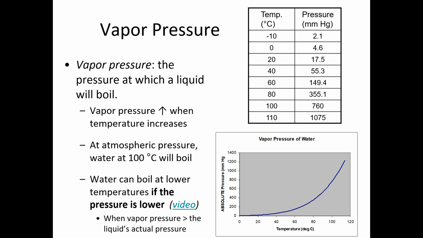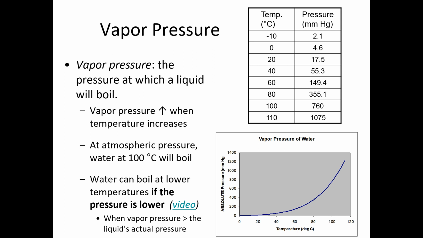Now the interesting thing is that we can get water to boil at lower temperatures if we take away some of the pressure. At sea level, it's 1 atmosphere that's acting against the water, which means you have to bring the water up to 100 to get it to boil.